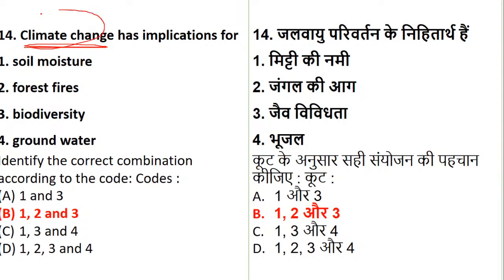Climate change has an implication on soil moisture, forest fires, biodiversity, not on the groundwater. That is, climate change implications will be on soil moisture, on forest fires, and biodiversity, and not on groundwater. Be careful.